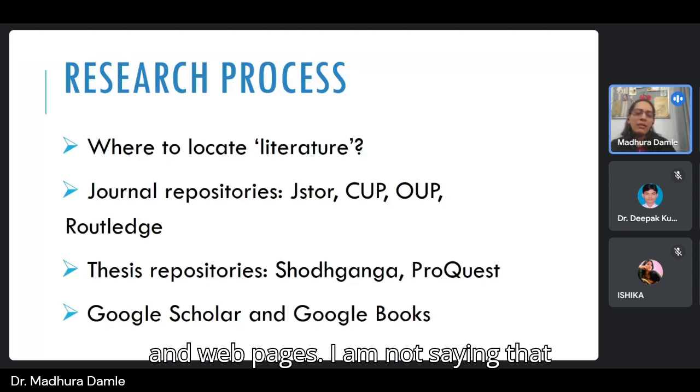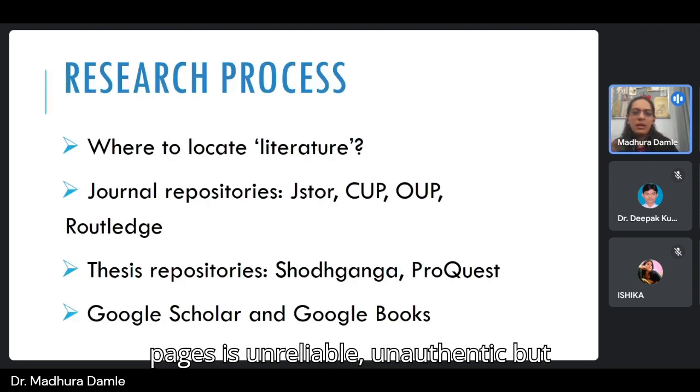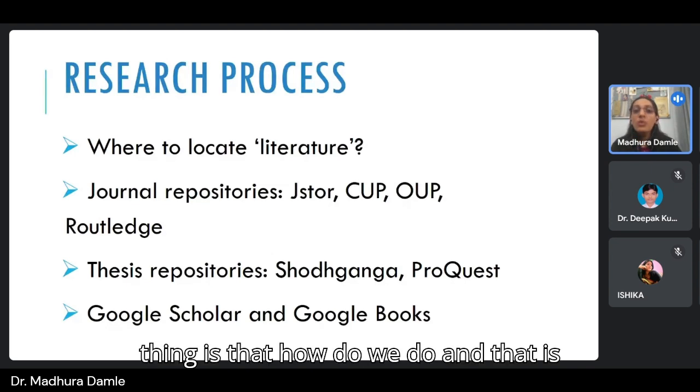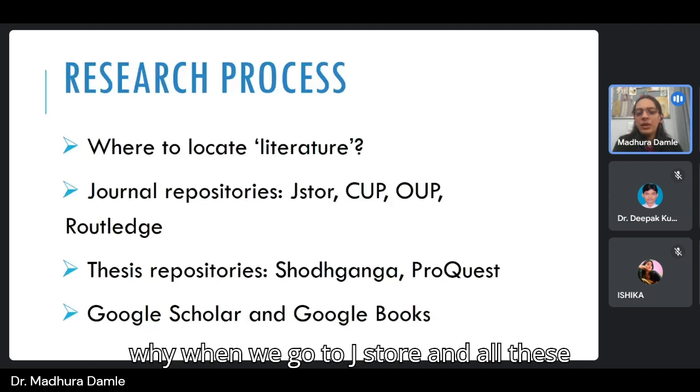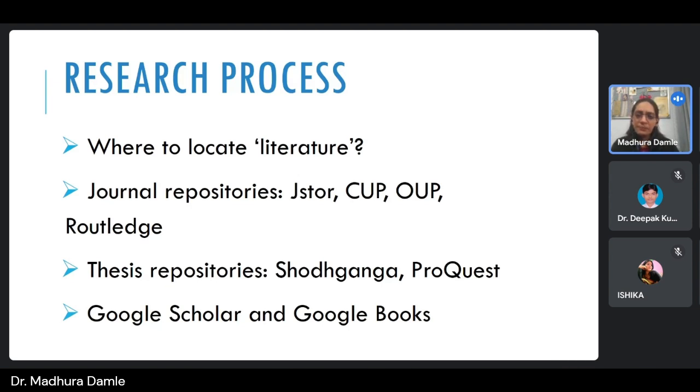I'm not saying that everything that you find on other web pages is unreliable or unauthentic, but the thing is, how do we know? And that's why when we go to JSTOR and all these sites, we are very sure. We know that these are peer-reviewed journals.